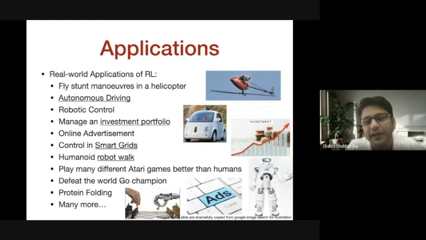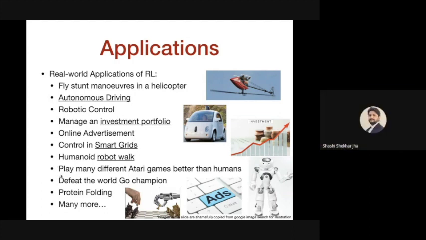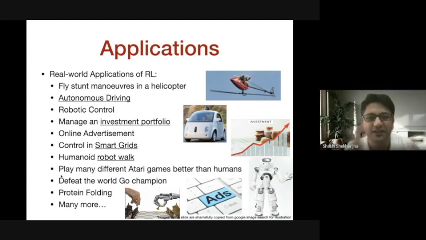Playing many different Atari games better than humans. Why I put it is because the deep reinforcement learning era began around 2013, 2014, just after we got the big news of deep learning giving very good results in image processing. The era started with this particular paper. We'll discuss that in our second session.